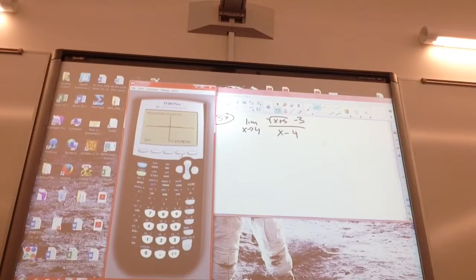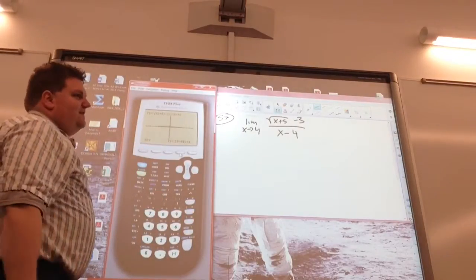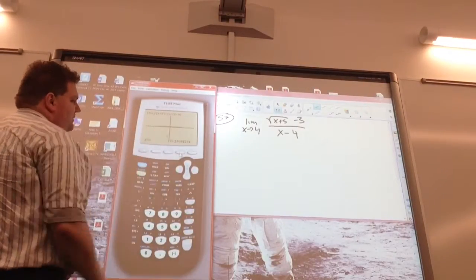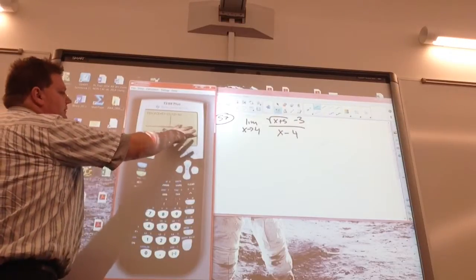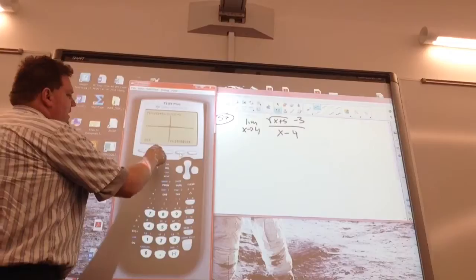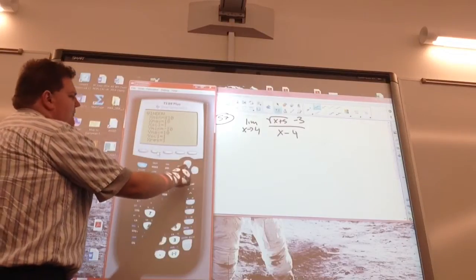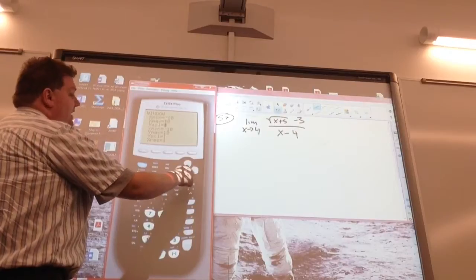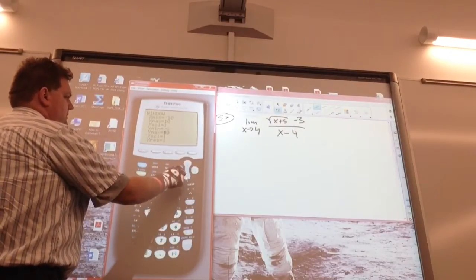Got to make sure you use the parentheses, otherwise you don't get the picture right. But this is the picture you get. What this means is that we have to change the graphing window to see it properly. It's hanging around close to the x-axis, so let's make y smaller. Y is now set from minus 10 to 10. Let's set it to minus 1 to 1. Were we allowed to make a table?